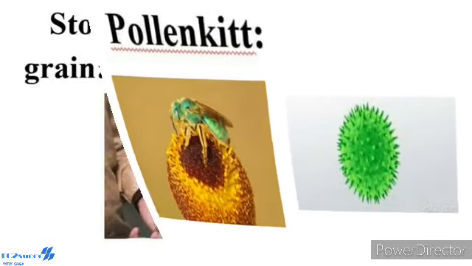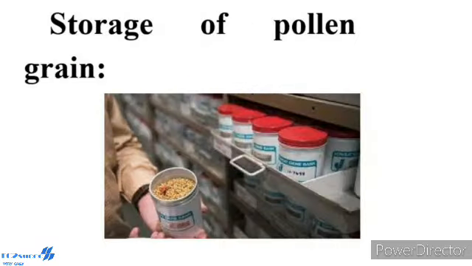Another one, pollen bank. The pollen grains are stored in laboratory conditions. So palynology is the study of pollen grains. It helps to identify the distribution of honey and to locate oil fields. Pollen grains reflect the vegetation of an area.